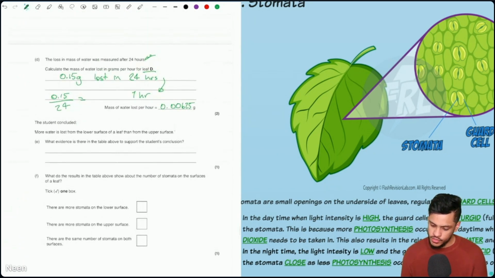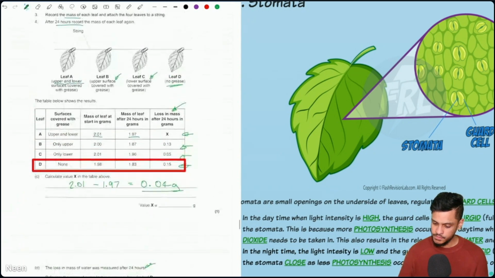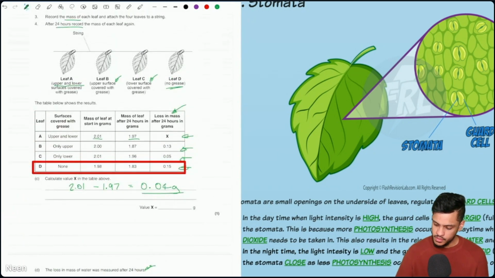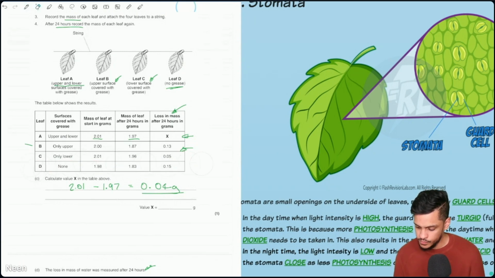The student concluded more water is lost from the lower surface of a leaf than from the upper surface. What evidence is there in the table to support that conclusion? More water is lost from the lower surface than the upper surface. Is that true? Yes, it is, because look at this one. Whenever the lower one has been covered, remember, if it's covered in grease, it means the stomata are no longer open.